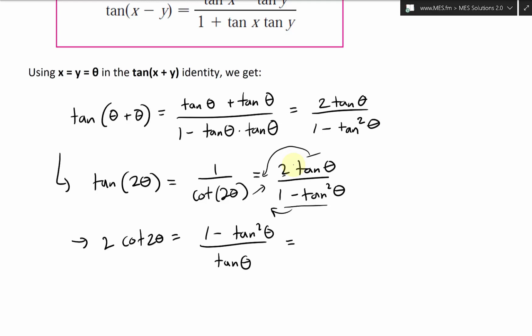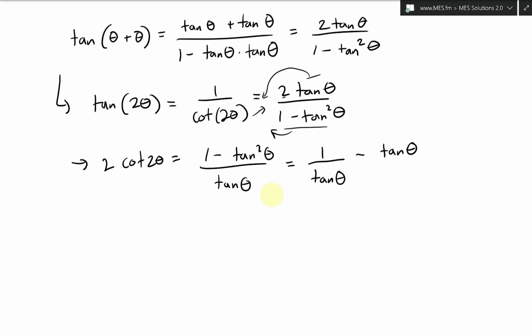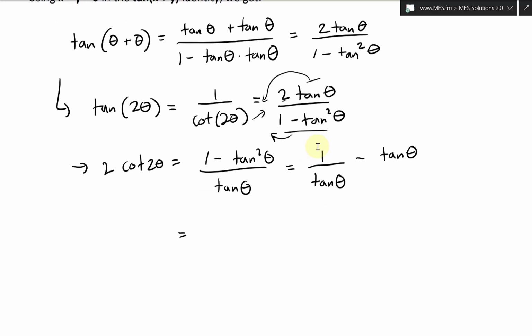So this equals 2, and you can also simplify this. This equals 1 over tan theta minus, and then the tan squares cancel, so it's just tan theta. This 1 over tan theta is equal to cotangent theta, then minus tan theta, and this equals 2 cotangent 2 theta.